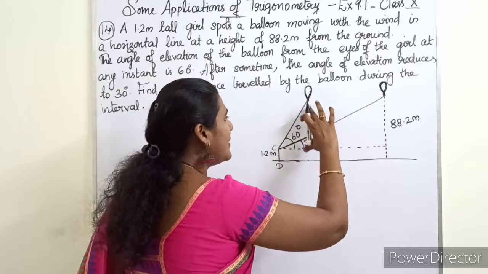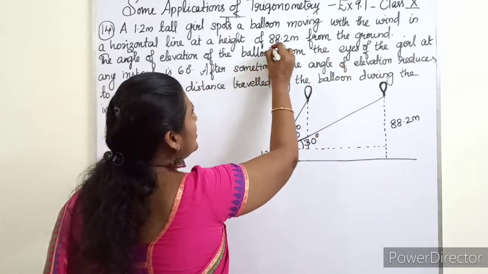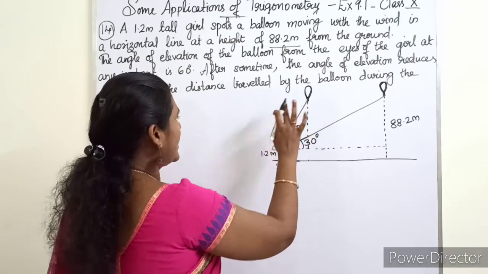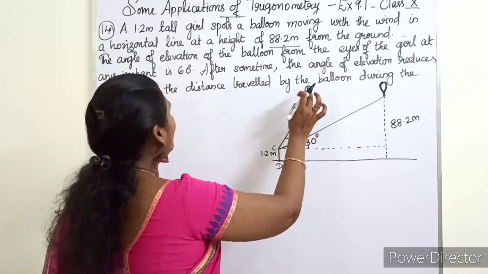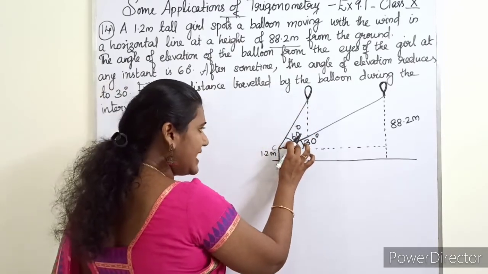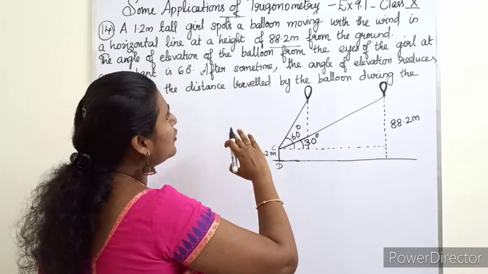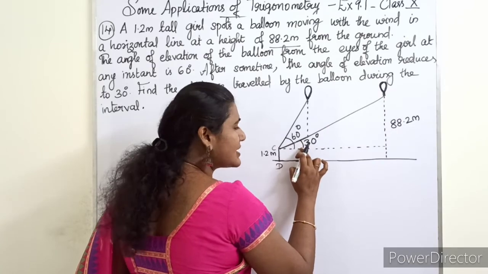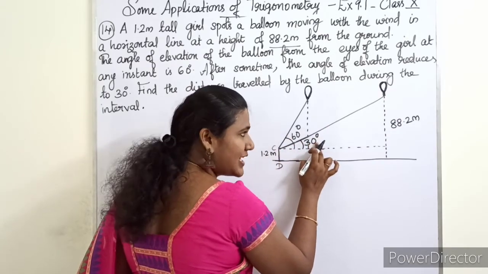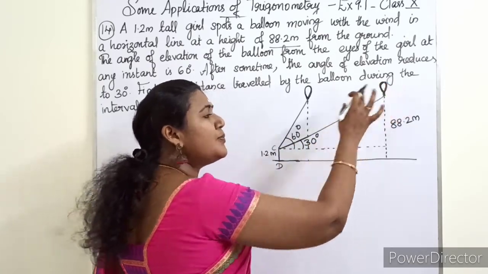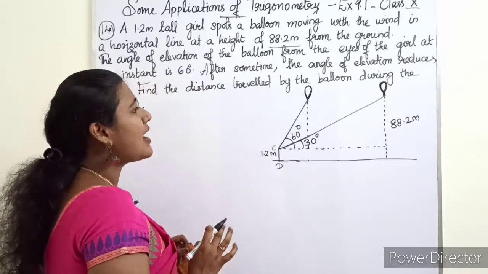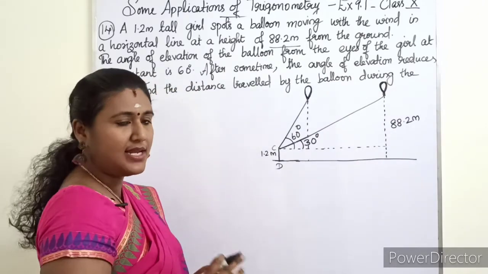At the initial position, the angle of elevation is 60 degree, and the balloon moves, and after some time the angle of elevation reduces from 60 degree to 30 degree. So now this is the new position of the balloon. Now you have to find the distance travelled by the balloon during the interval.